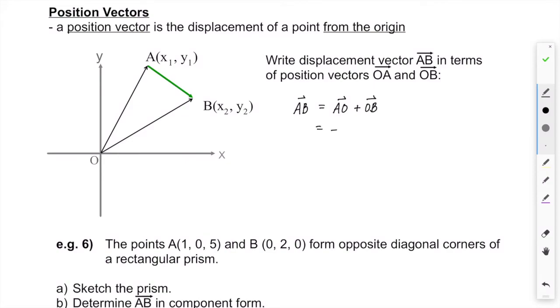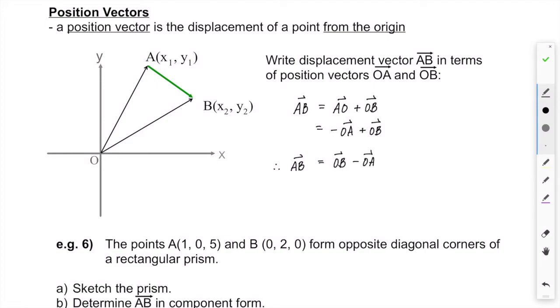The vector AO is the negative of OA. Let's clean this up. We can say that AB as a displacement vector can be represented by OB minus OA.